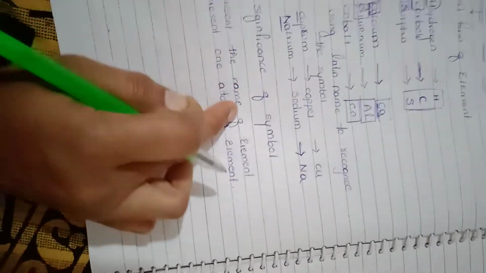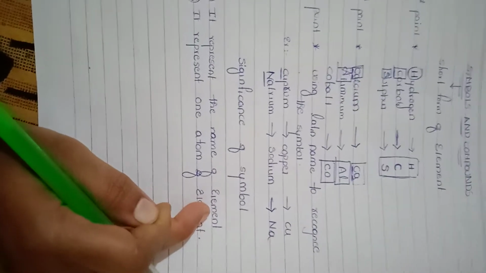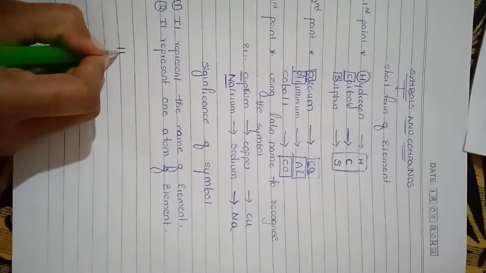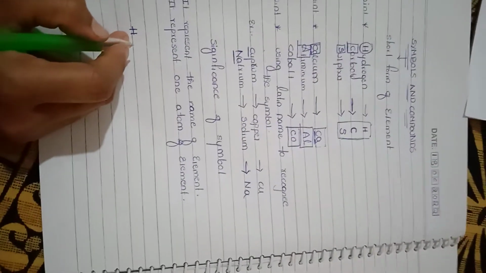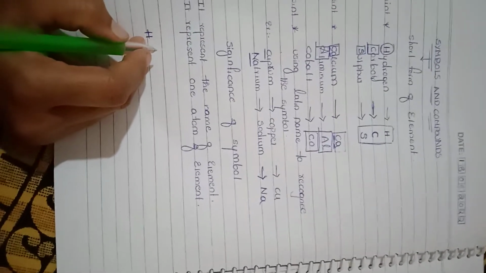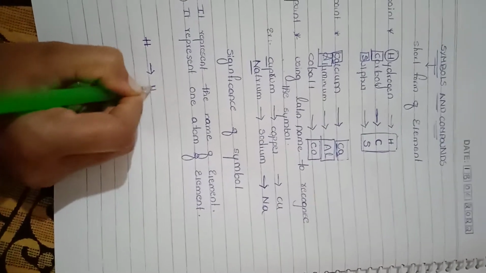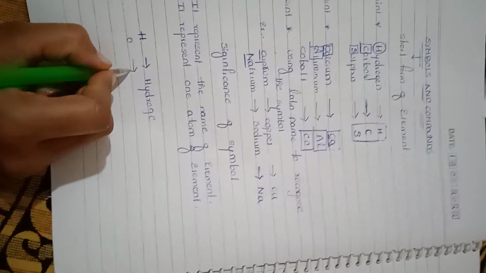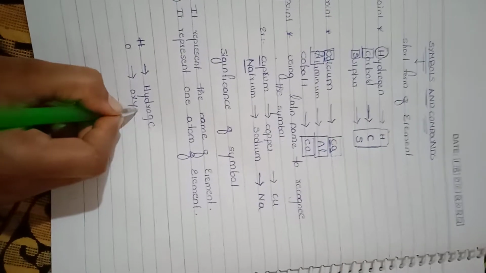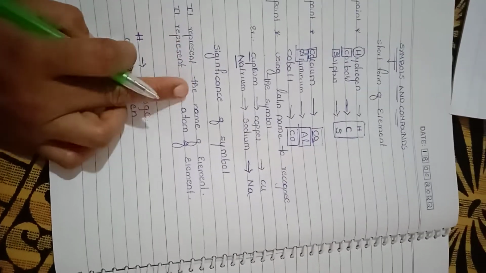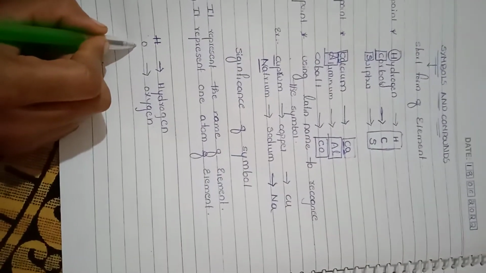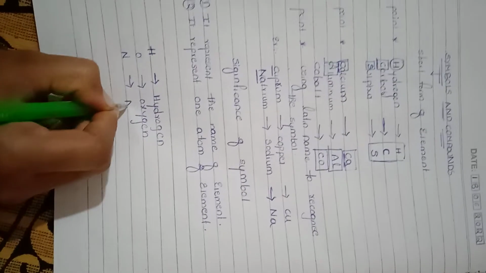First point, it represents the name of the element. Suppose I take hydrogen, H represents hydrogen, and O represents oxygen. For example, H is hydrogen, O is oxygen, N is nitrogen.